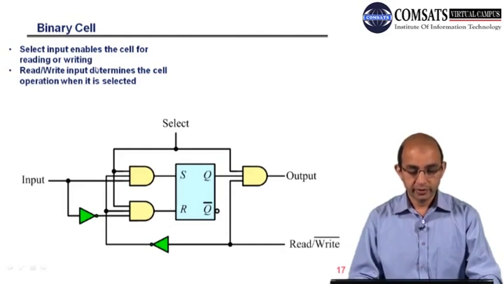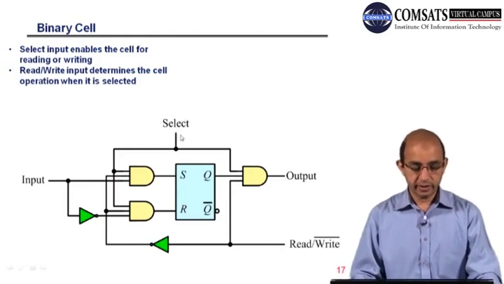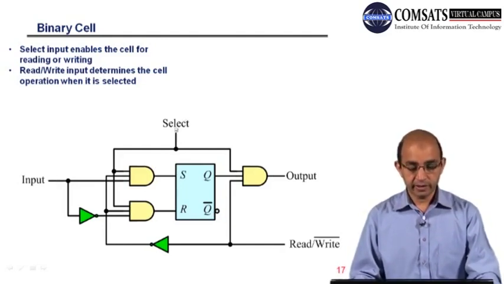You can see different signals: this is the input, this is the select signal, this is the output, and this is the read and write. It is important that we have the bar at write, because we cannot have read and write at the same time, so one has to be activated at a time.